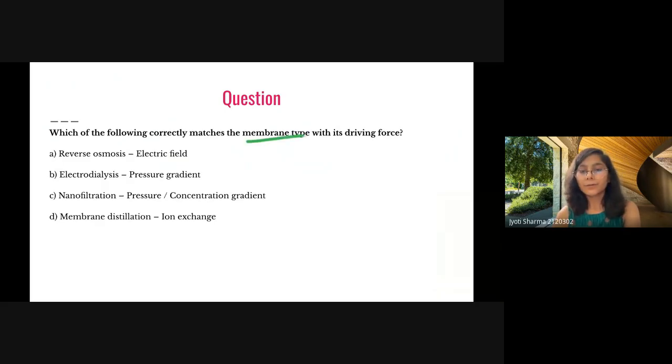First you have to tell the membrane type, and then that will match correctly to the driving force. What do you think? What type of membrane will have what type of driving force that will give you the purification of water? Any guess?